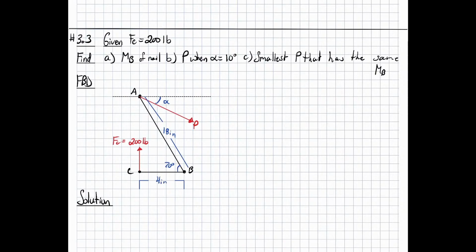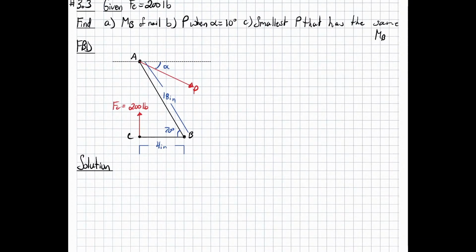And it has some tension at A of tension P. They ask us to find the moment about B due to the nail, find the force P when alpha is 10 degrees, and find the smallest P that has the same moment about B.